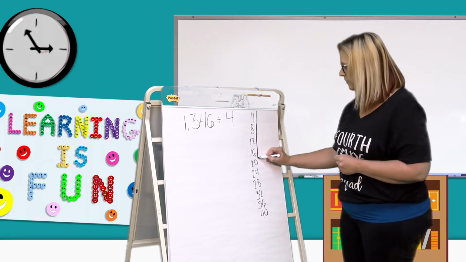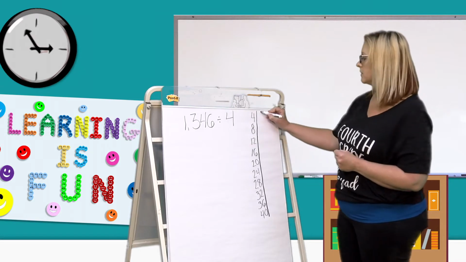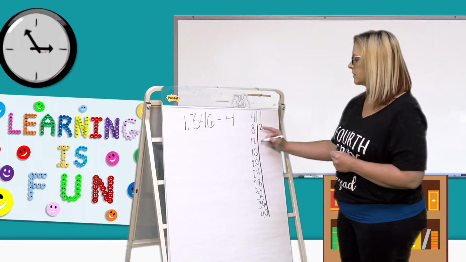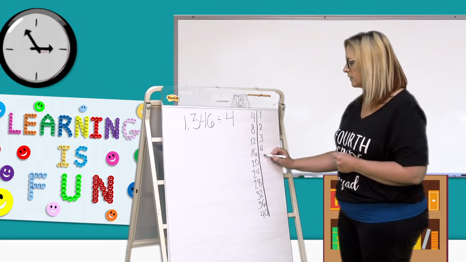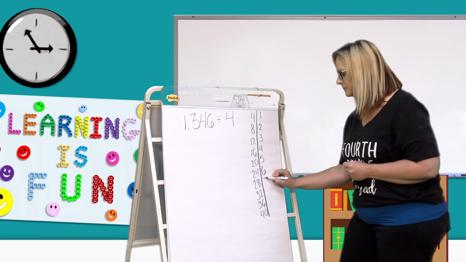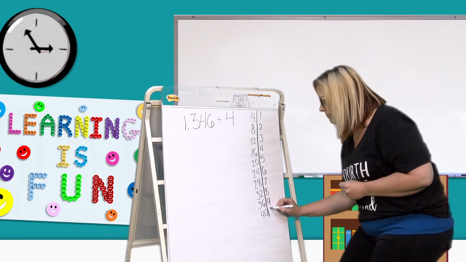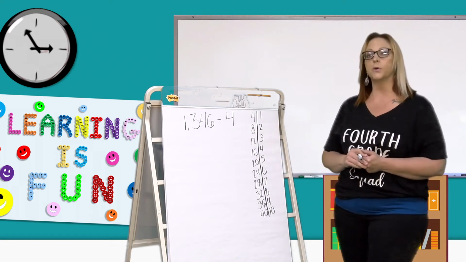I'm going to label those because that is going to help me come up with my quotient. 4 times 1, 4 times 2, 4 times 3, 4 times 4, 4 times 5, 4 times 6, 4 times 7, 4 times 8, 4 times 9, and 4 times 10. We have our multiples of 4.